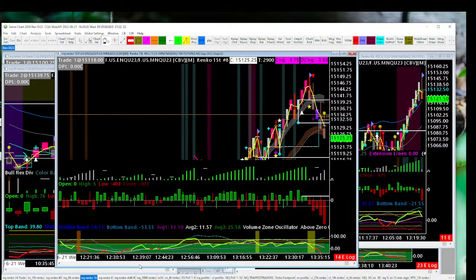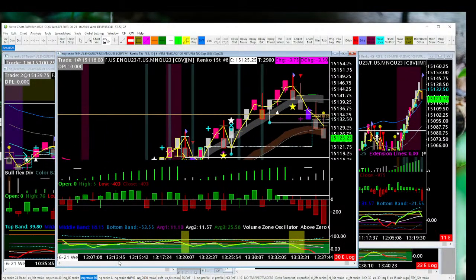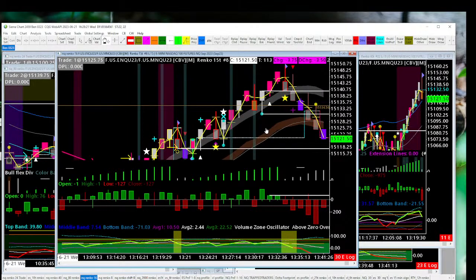Does that mean that I'm on the right track? Does that mean that I can move my stop down there? What happens next? And we can look at the other time frames and see what happened there. But what happens next? Purple, nice retracement in delta. Eventually, you're going to need that.